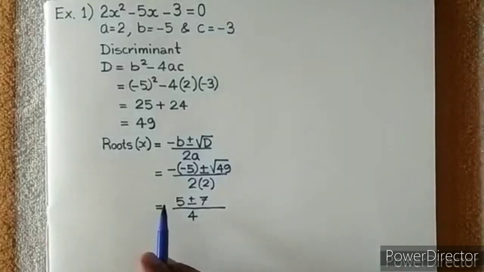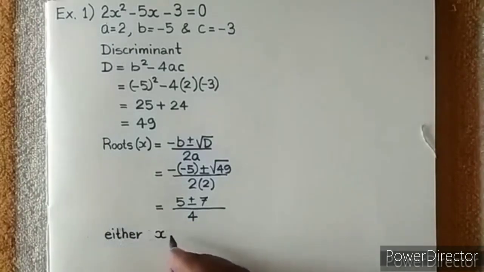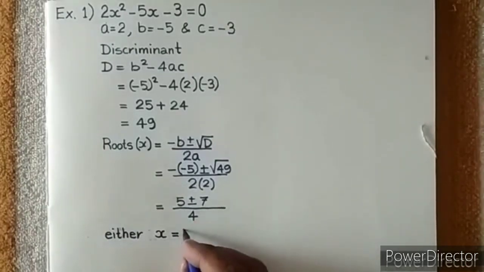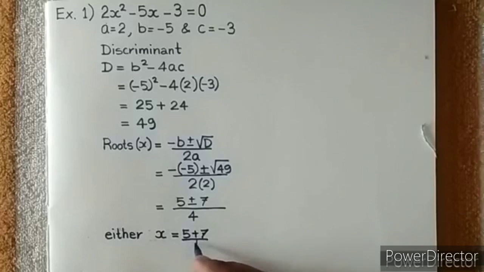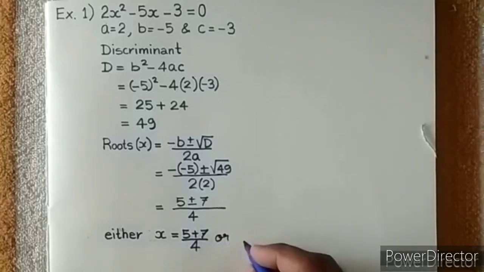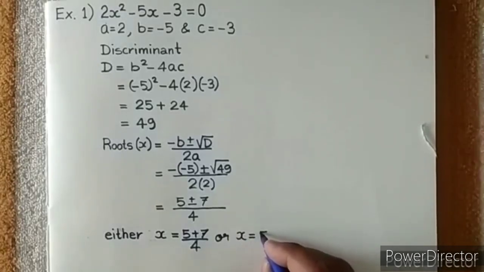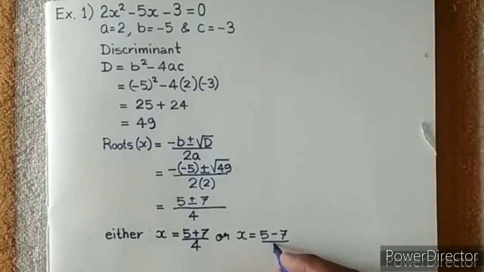Now it's a quadratic equation, so it will have two roots. So we have either x equals to 5 plus 7 upon 4, or x equals to 5 minus 7 upon 4.